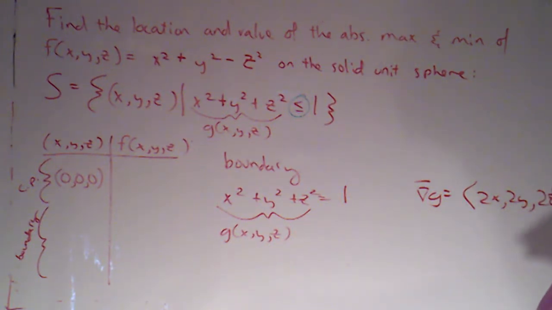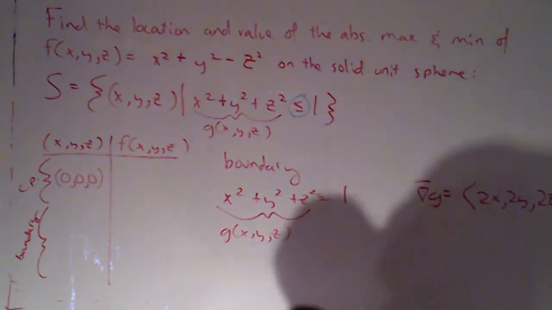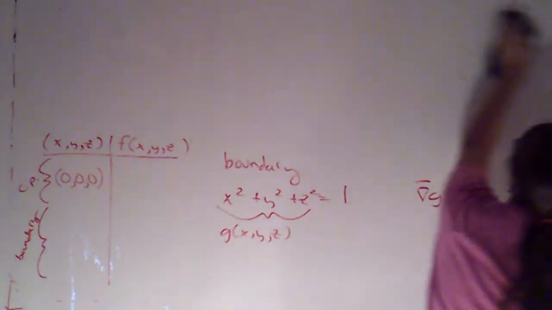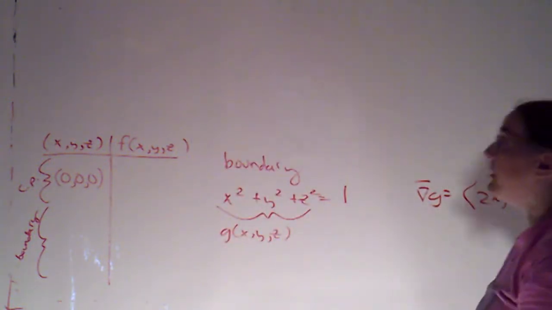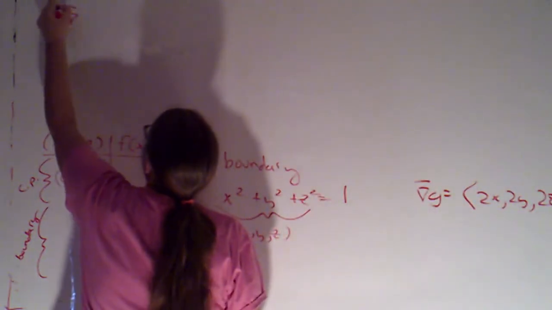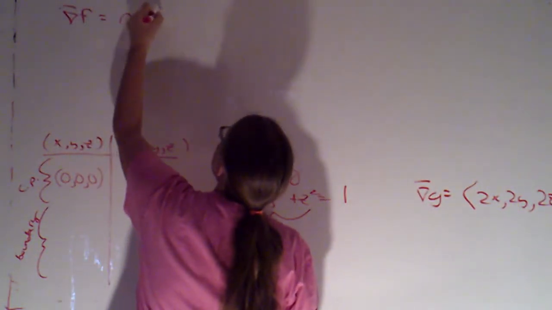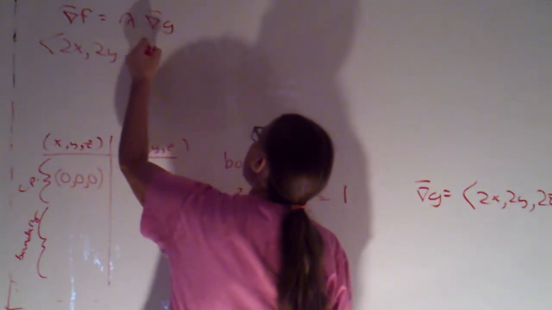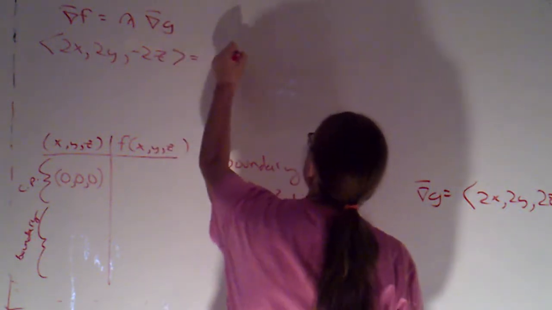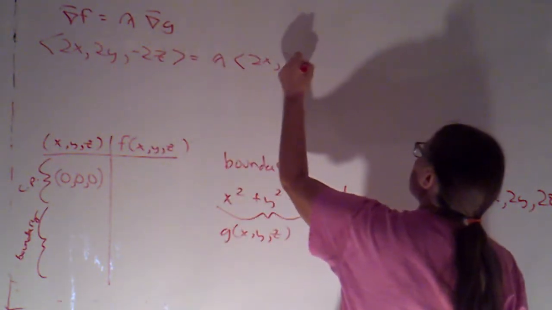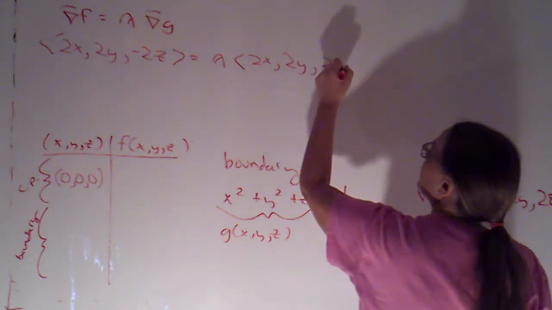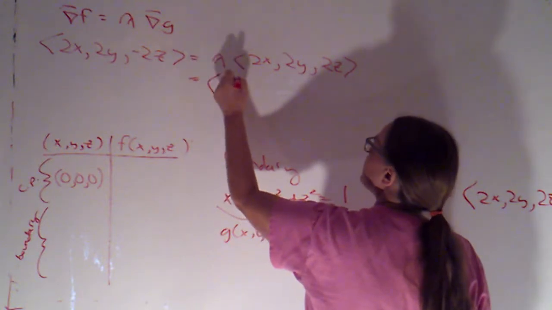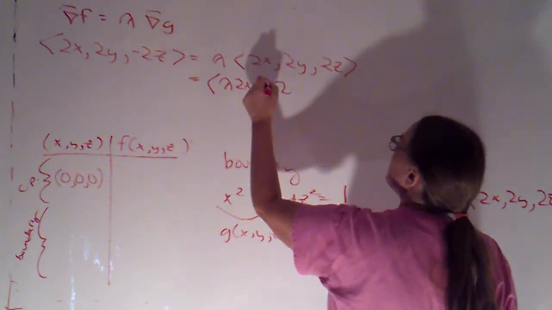Okay, so we are looking for places where the gradient of f is a multiple of the gradient of g. So if the gradient of f is lambda times the gradient of g, that's going to mean 2x, 2y, negative 2z is equal to lambda times 2x, 2y, 2z. Which, of course, if I do the scalar multiplication, is just lambda 2x, lambda 2y, lambda 2z.